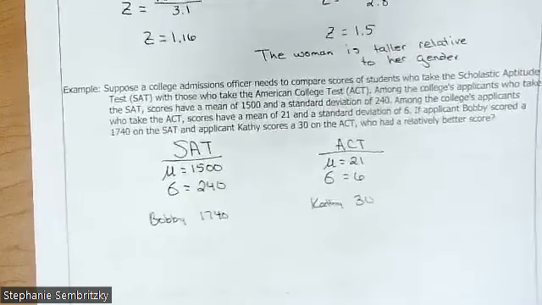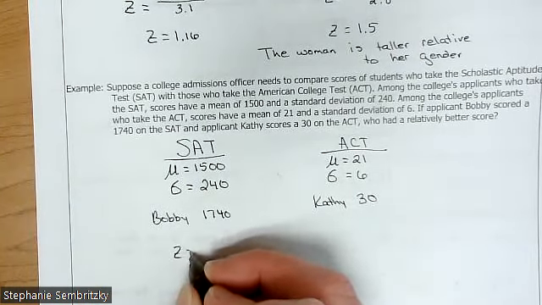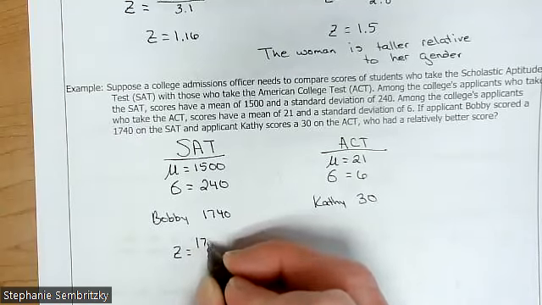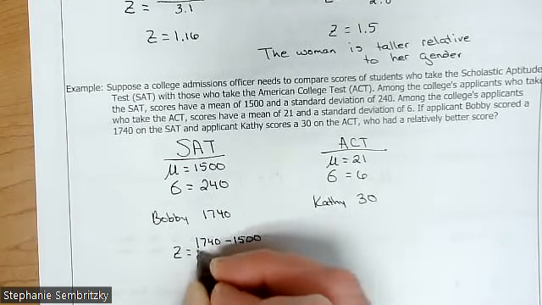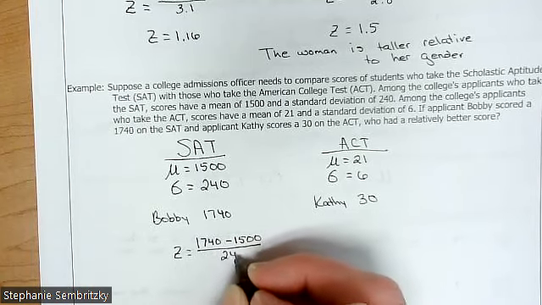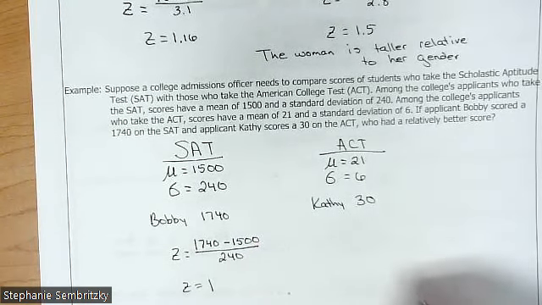We're standardizing them. So to find Bobby's z-score, we take his score minus the mean divided by the standard deviation. Anybody already get that one? So exactly one standard deviation above the average.